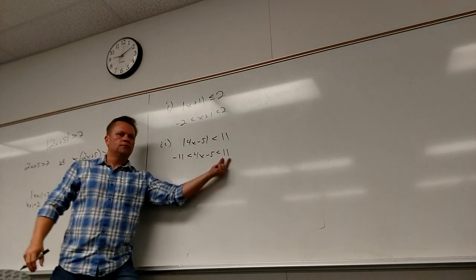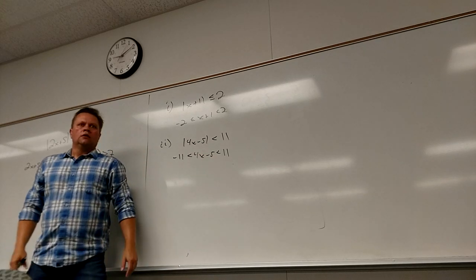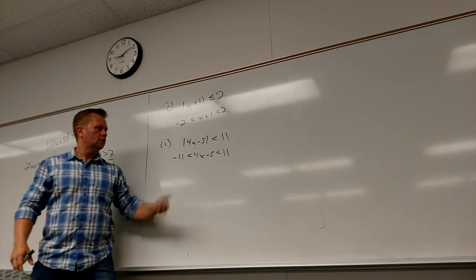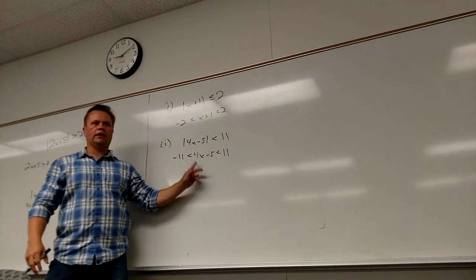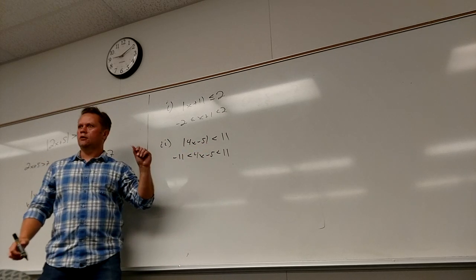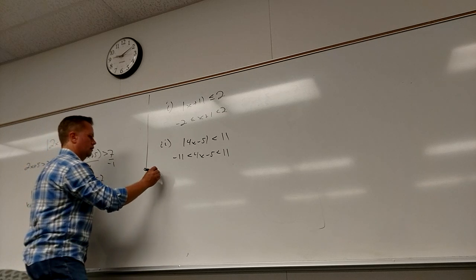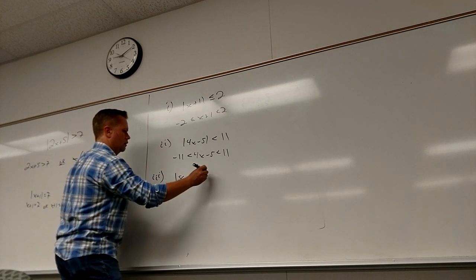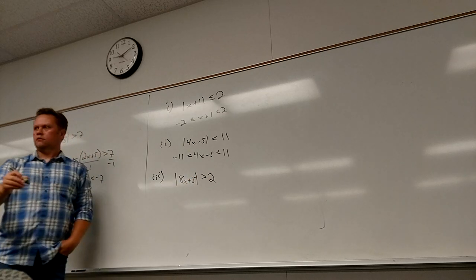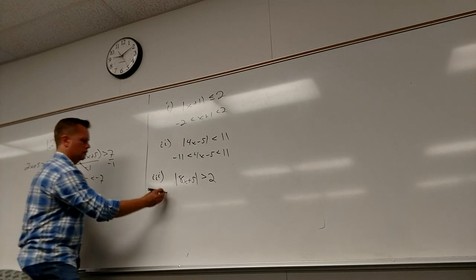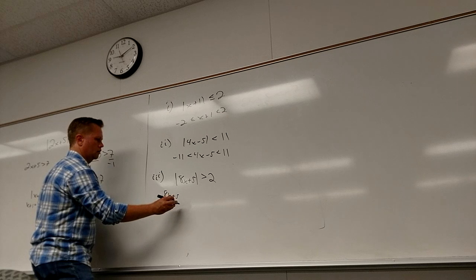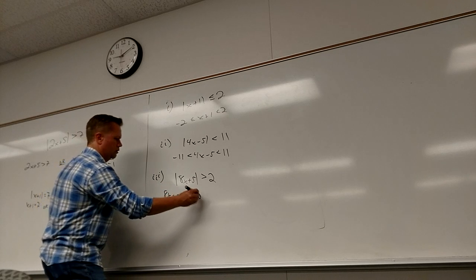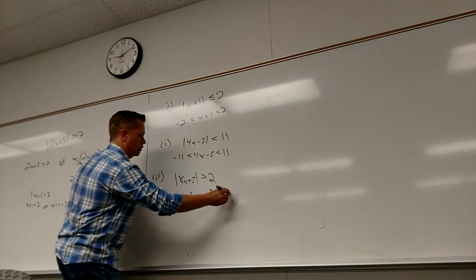Jelly and bread. Yes? The absolute value that you're looking for to be less than, that's not the other. Yes, this whole thing is less than 11. Then I can rewrite it like this. Okay. I like it. But if I had 8x plus 5 greater than 2, then I'd write 8x plus 5 is less than negative 2, or 8x plus 5 is greater than 2.